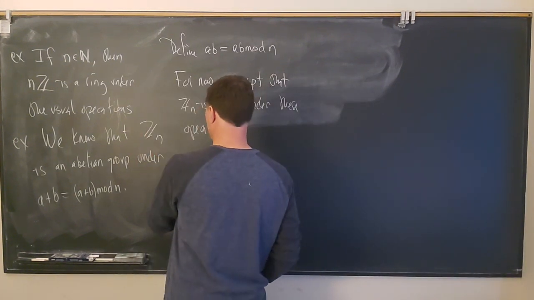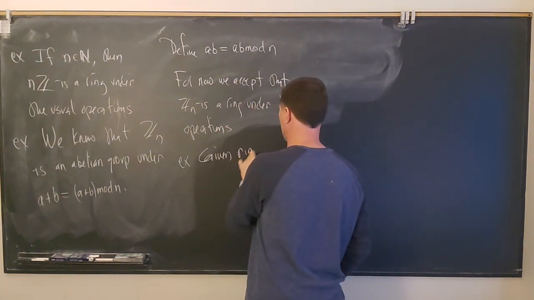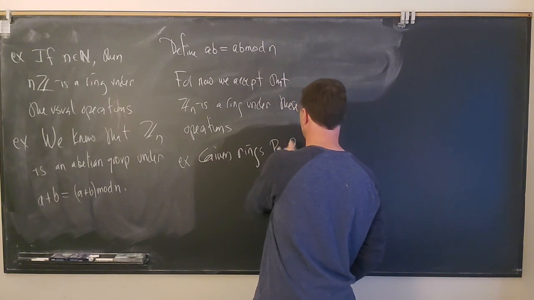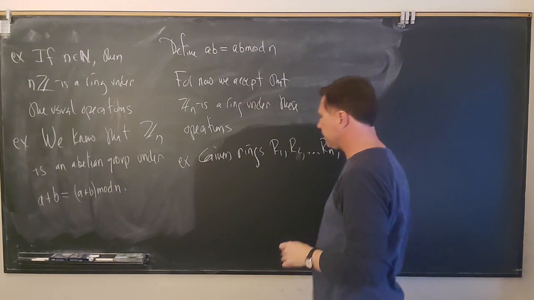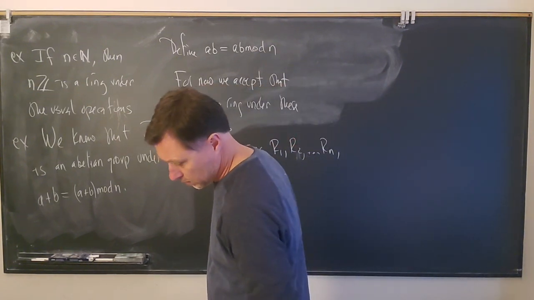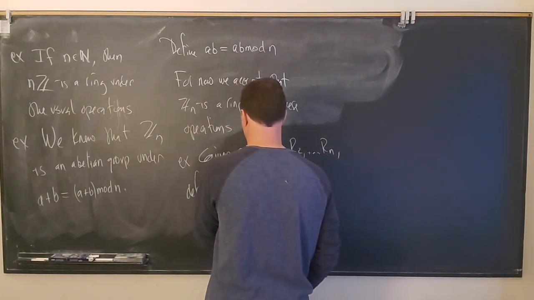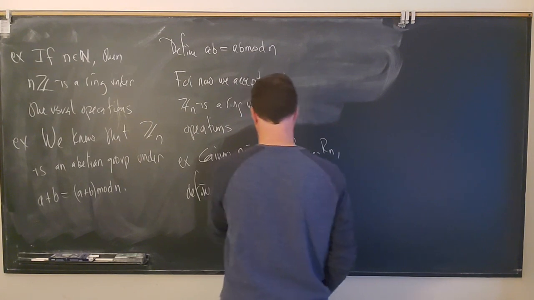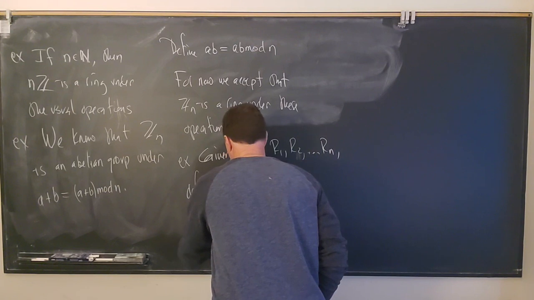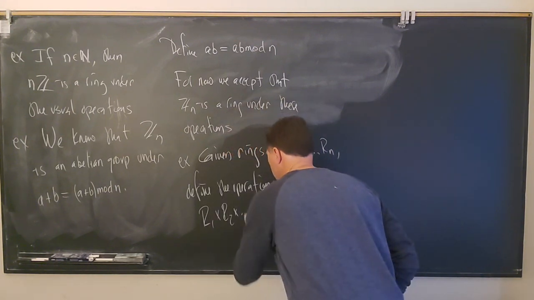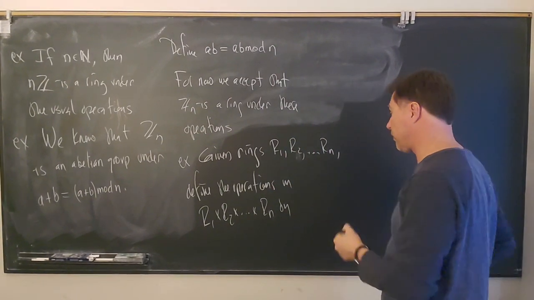Next example, so given rings, let's say R1, R2, up through R sub n, we're going to look at the Cartesian product, R1 cross R2 cross dot dot dot cross R sub n, and define the operations exactly as we did with groups, forming the direct product.